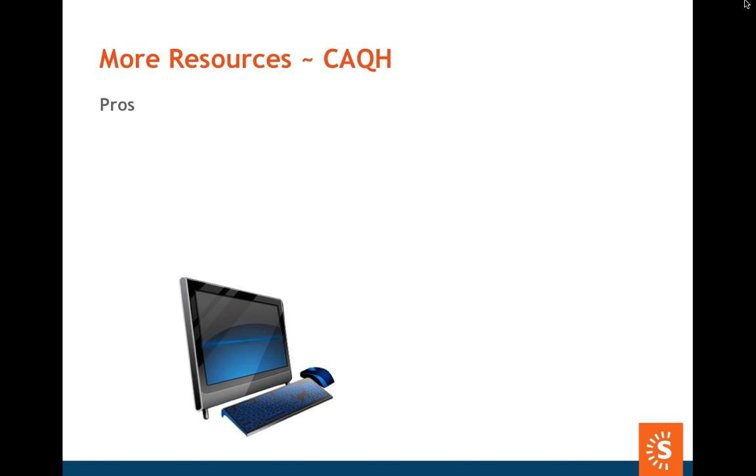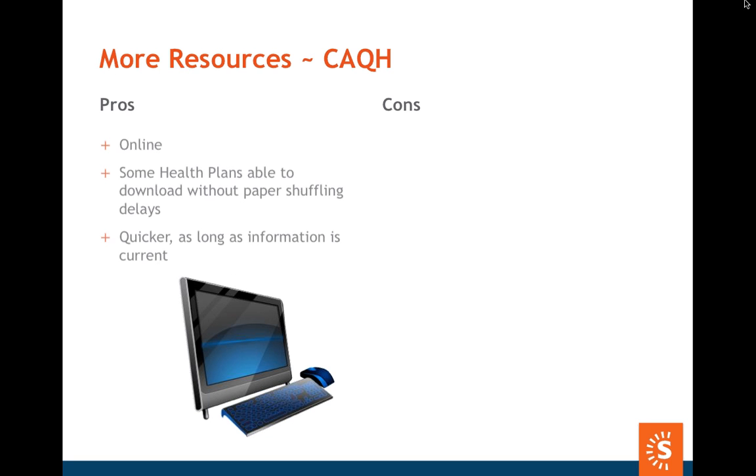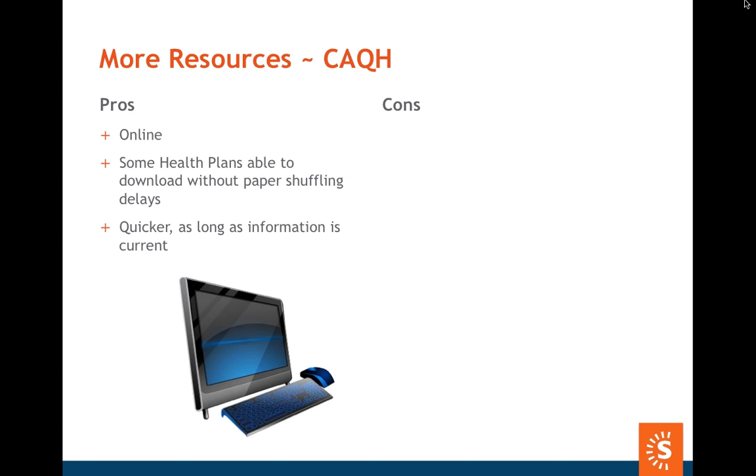So over the years, I've learned some resources. Obviously, CAQH is a huge resource, and with that come some pros and cons. Some of the things that are great about CAQH is that it's online.